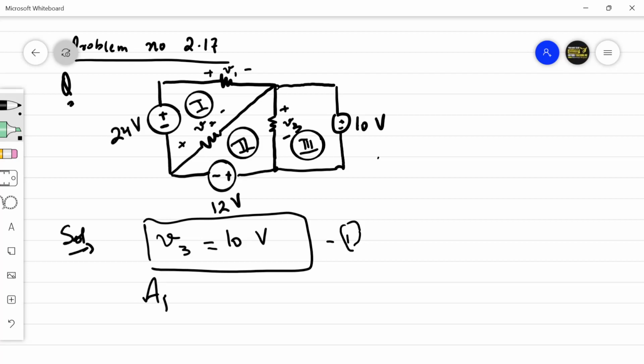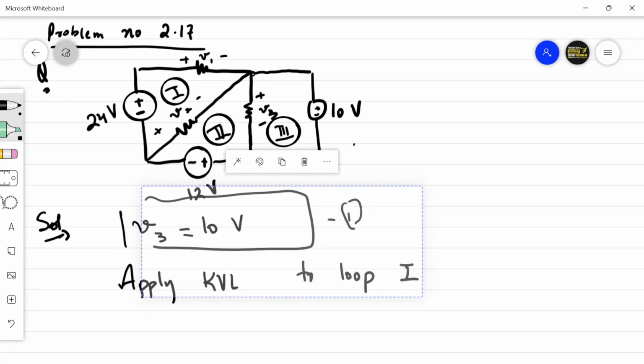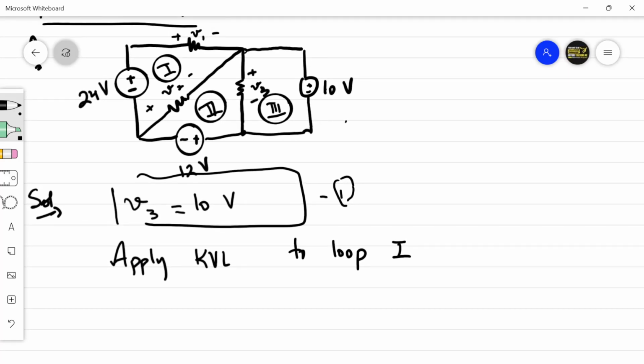Now let's apply KVL to loop 1. If current is traveling in this direction, 24 volts is in polarity opposed to that of V1, so it will actually be minus.